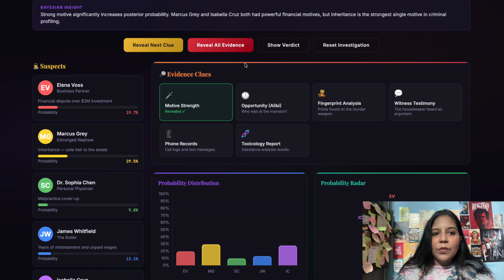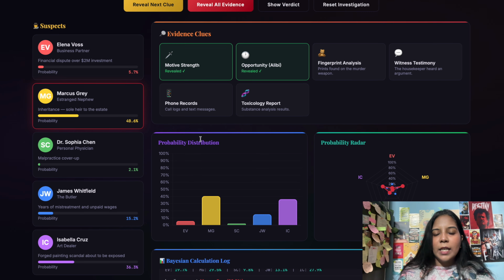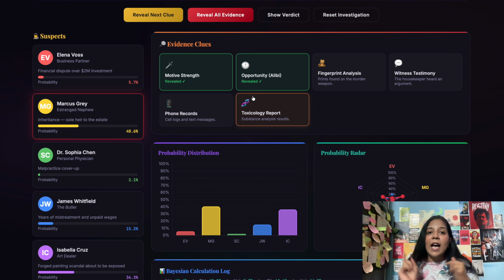Next, the next thing is alibi, I mean, who had access to Mr. Victor's room. Of course, the nephew. This guy had full access authority to go inside without even being questioned.